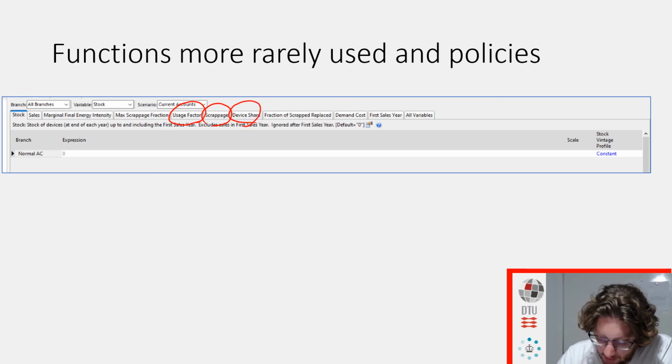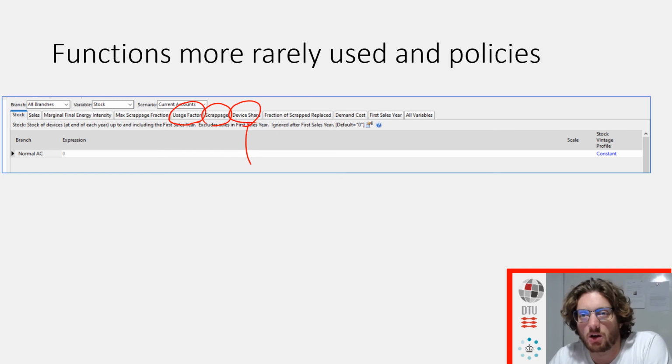So device share is quite easy. It's just a share between two competing technologies in this case. So if you have a technology that can run multiple fuels, kind of like a plug-in hybrid, but for a different setup too.